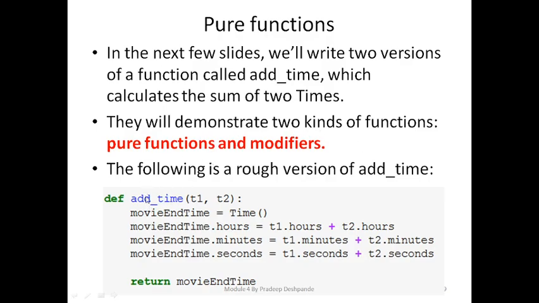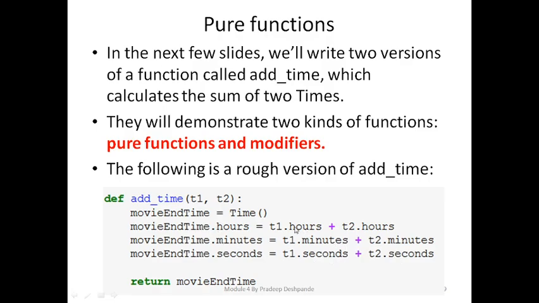This is the function we are dealing with. add_time is a function which takes two objects as parameters. We create one Time object as movie_end_time. movie_end_time.hours equals t1.hours plus t2.hours, adding hours. Here we are adding minutes, that is movie_end_time.minutes equals t1.minutes plus t2.minutes. Similarly we are adding the seconds here.